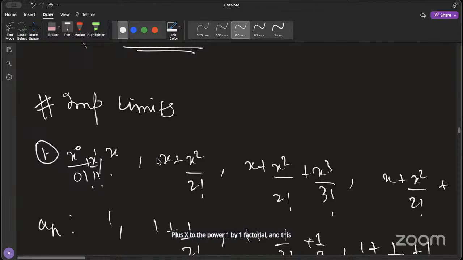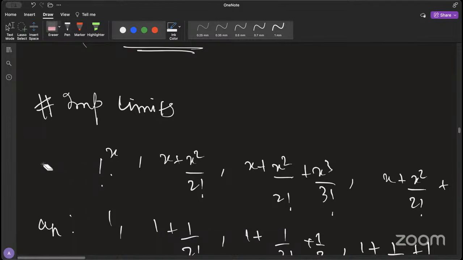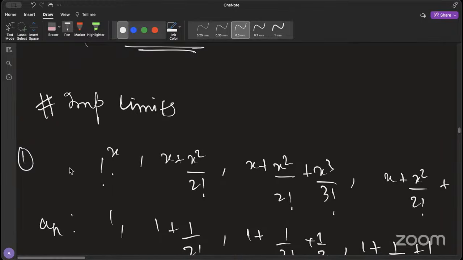And this will be, I can simply write this as 1, right? And then the next thing here will be 1 plus x to the power 1 by 1 factorial.